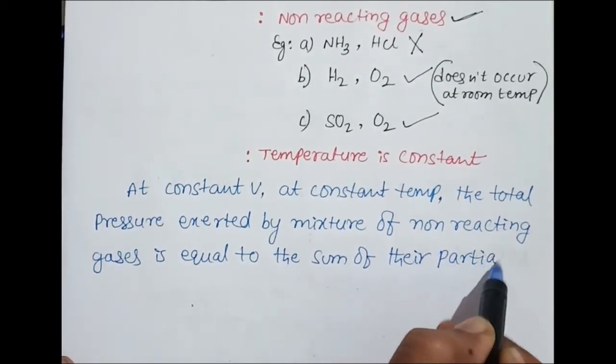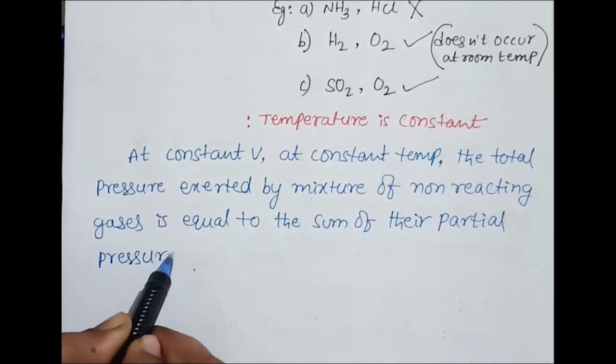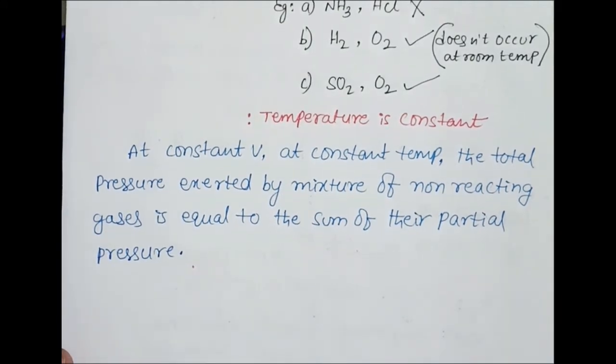This is the final statement of Dalton's law. Here all the conditions are mentioned. So if you write this, then it is always correct all over India or all over the world.